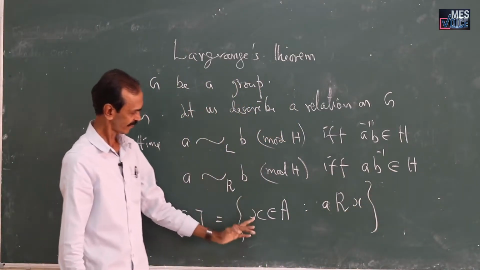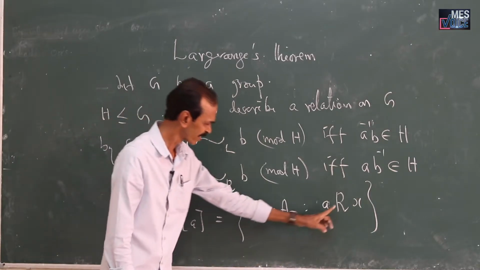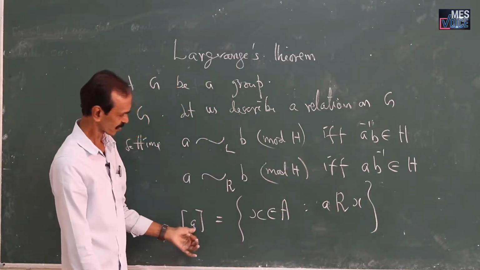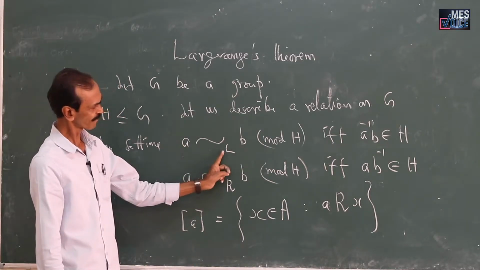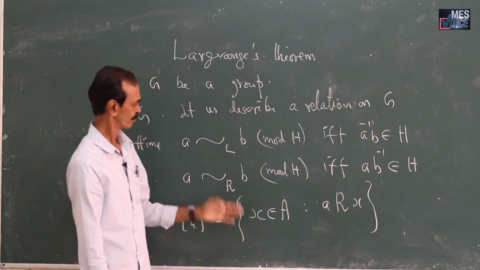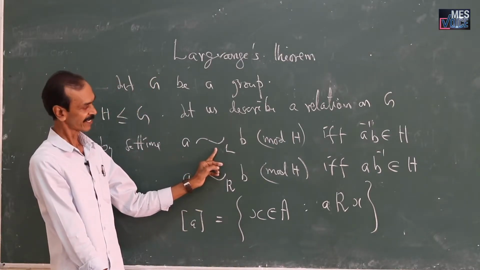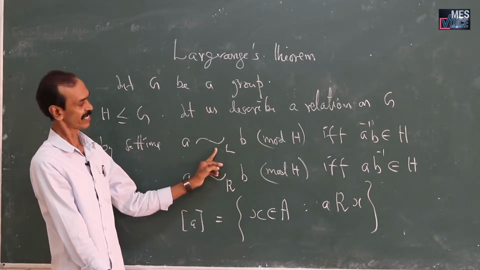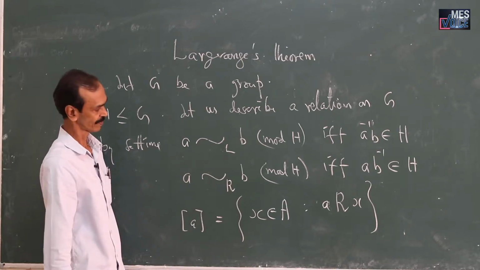That is, find the points in X which are related to the single point A, and that is our equivalence class of A. And here, left congruence modulo H is found to be an equivalence relation on G. Let us see a typical equivalence class of that particular equivalence relation.